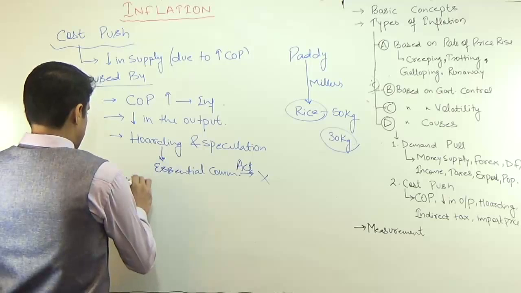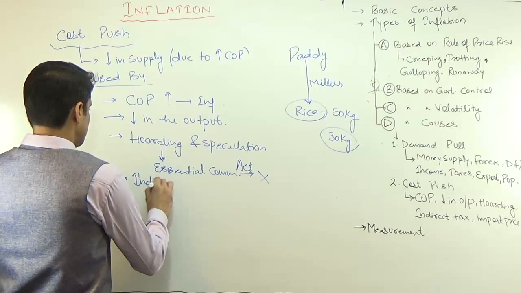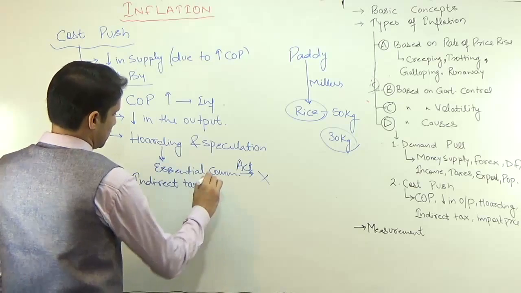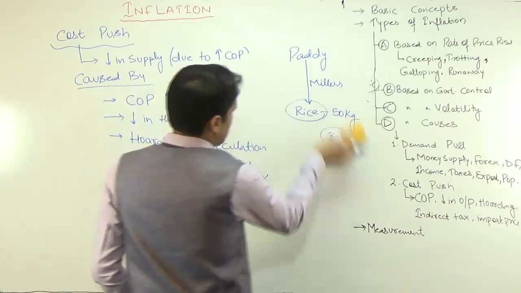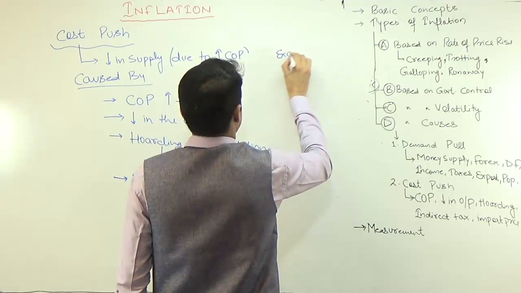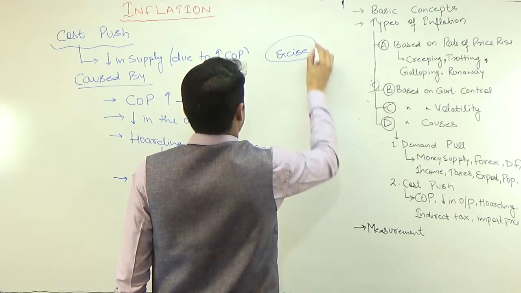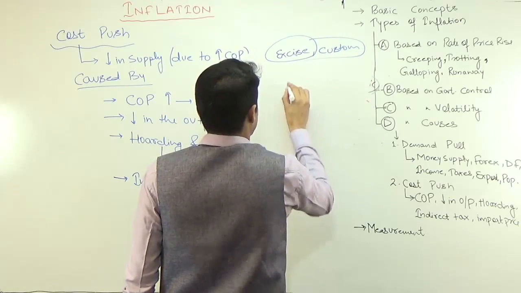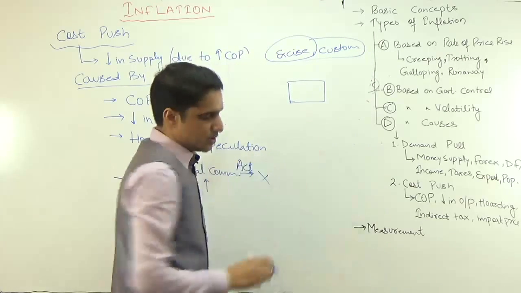Then we have indirect taxes. If the indirect taxes have increased, indirect taxes are taxes like excise or custom. Excise means whatever goods you are producing.